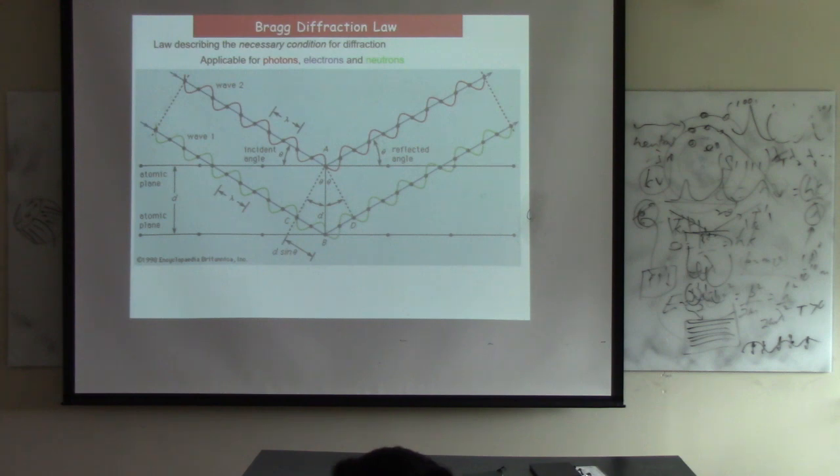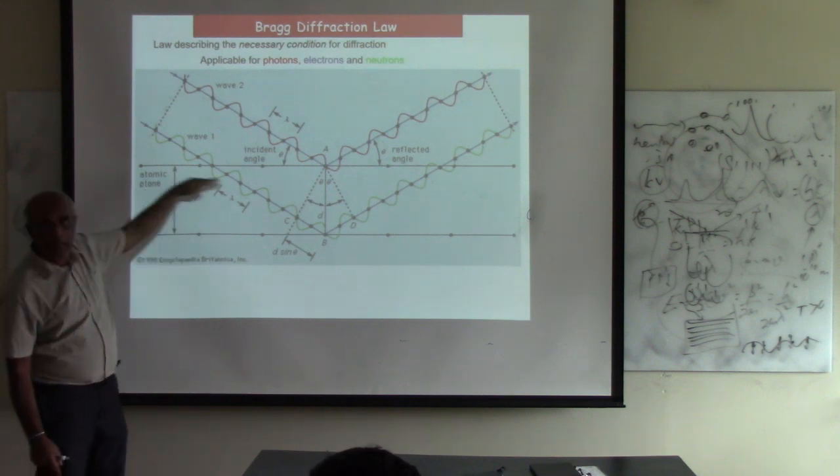Writing b1, b2, b3 in terms of x, y, z, you get something x, something y, something z. Then the magnitude is the square root of this squared plus this squared plus this squared. We also learned this is nothing but 2 pi over d_hkl, so from there you can calculate d_hkl.